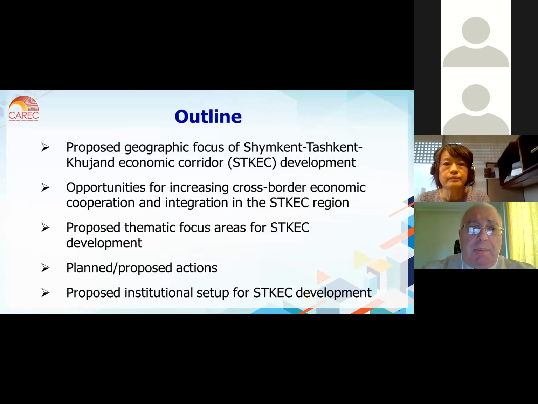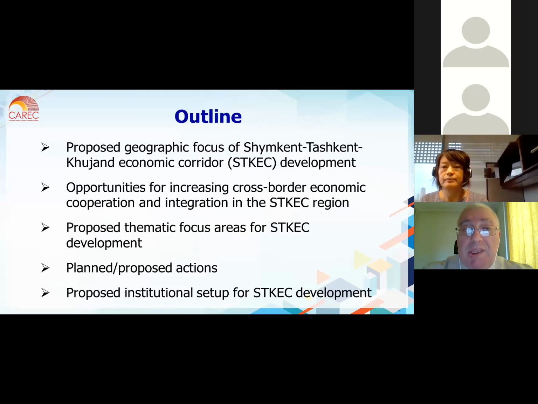So I will just briefly describe the outline of this presentation. At the beginning, we will discuss the geographical focus of this corridor, what will be covered by the corridor. Then we will discuss the opportunities for increasing the cross-border economic cooperation and integration in the STKEC region. And also, most of the time will be focused on the discussion of the proposed thematic focus areas for potential cooperation in the corridor development area.